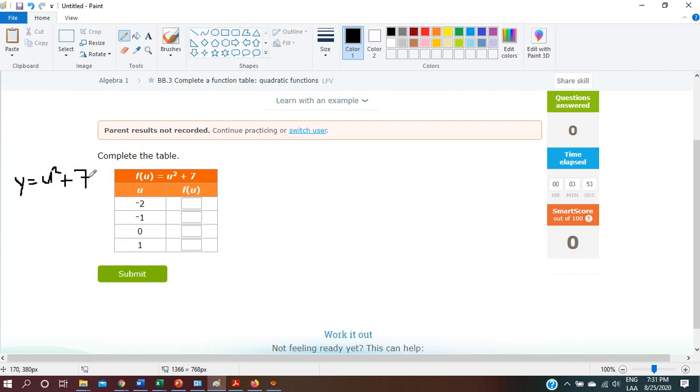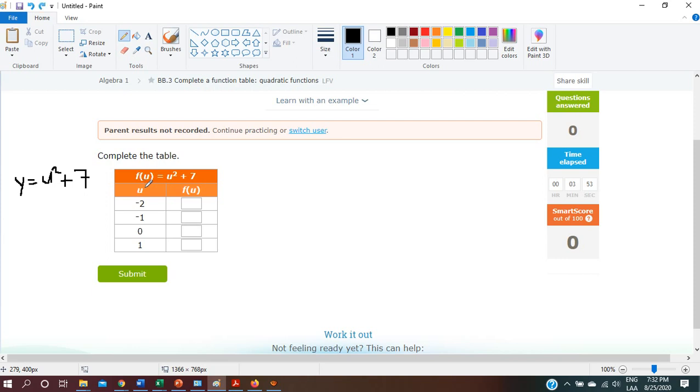Okay, so if you see this, don't think, oh no, that's too much. I mean, this is the first time I see it, I don't know what it is. No, just f of u is the same as saying y. So don't worry about this. If you want, you can just write y equals u squared plus 7.